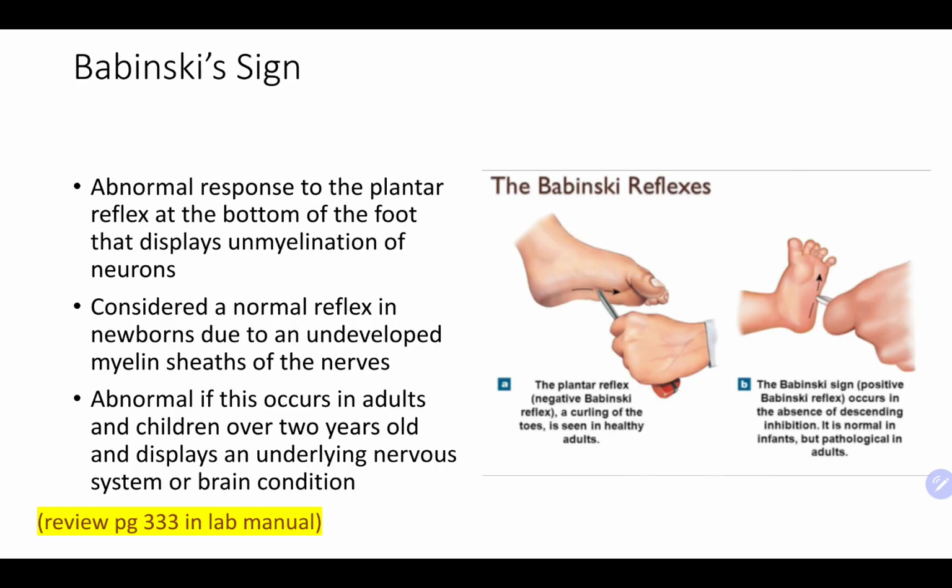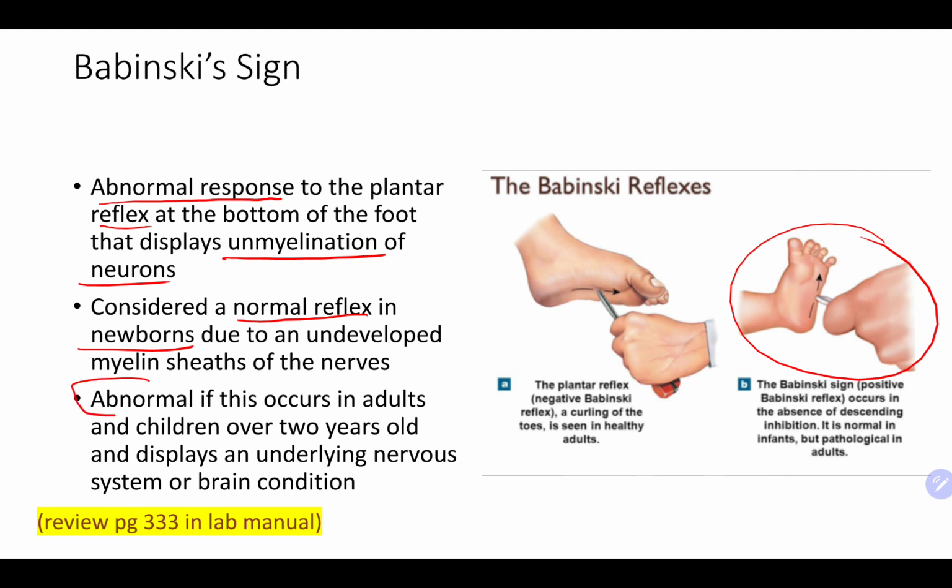Sorry, let me go back to the Babinski sign. We talked about the Babinski sign when we did the reflex labs. Understand that the Babinski sign is an abnormal response to the plantar reflex at the bottom of the foot, and that's going to display unmyelination of neurons, okay? Now, this Babinski sign is considered a normal reflex in newborns due to their undeveloped myelin sheaths on their nerves.